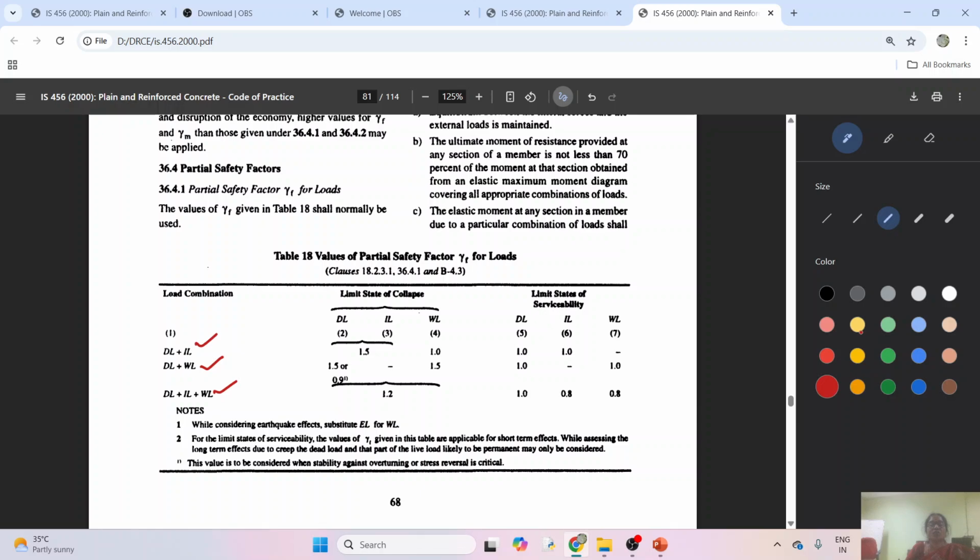So this is a combination of the load. Dead load and live load is multiplied by 1.5, and wind load is multiplied by 1.5. This is multiplied by 1. This is for the limit state of collapse and this is for limit state of serviceability.